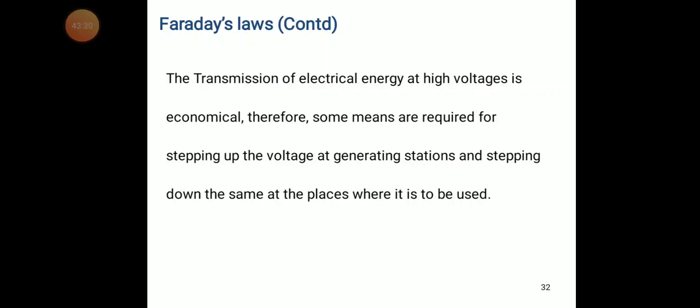At the generating station, in order to make the voltage high, we need to step up the voltage. This stepped up voltage is transmitted through the transmission lines very effectively, and this is economical. After reaching our level, the high voltage is not useful for us, so it is stepped down and we use that.